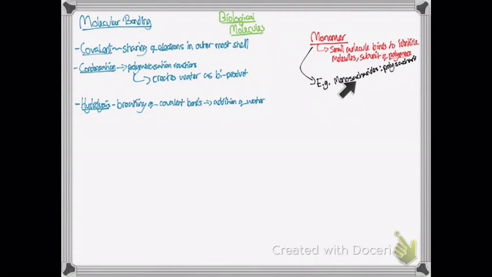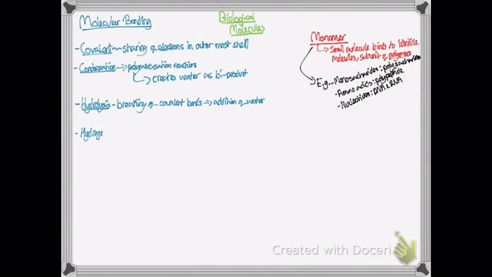Monosaccharide is the monomer for carbohydrates, and polysaccharides are the polymer for carbohydrates. For proteins, you have amino acids as the monomer, forming a polymer of polypeptide chain. And then we've got DNA and RNA, which have nucleotides as their monomers, and their polymer obviously is DNA and RNA.